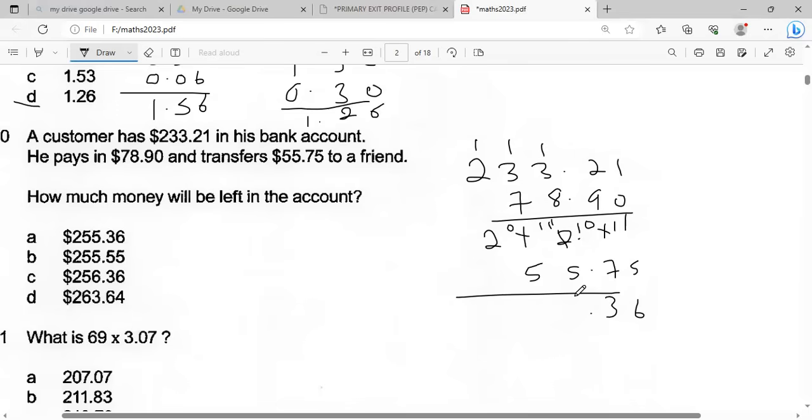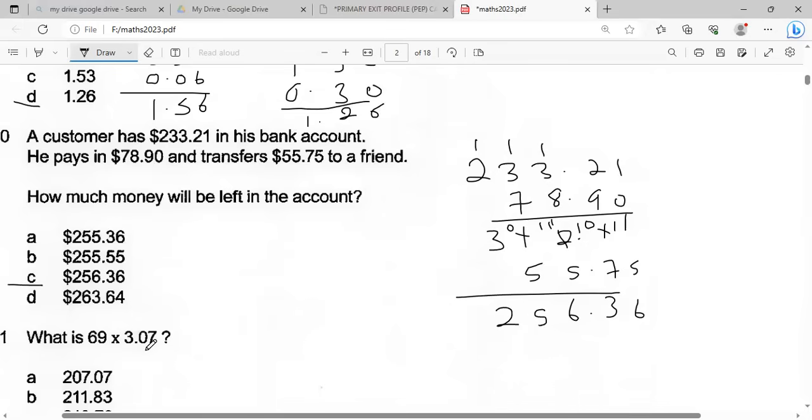This leaves 6 now. And 5 from this was supposed to be 3, you know. 2 and 1, 3. Hold on there, guys. All right, so 5 from that leaves 25, so it's 256.36, which is C.